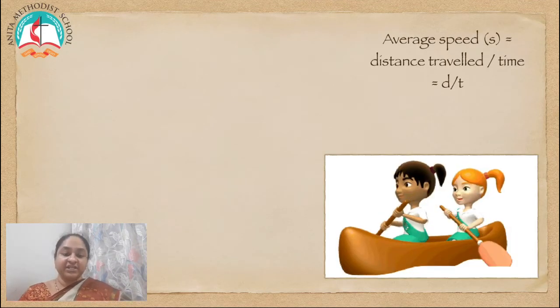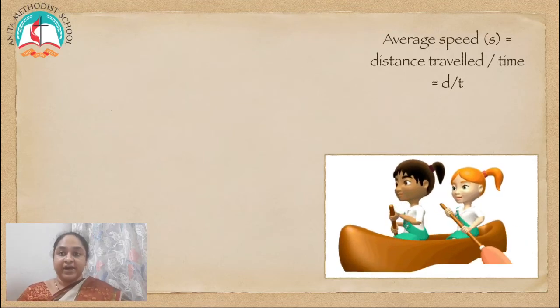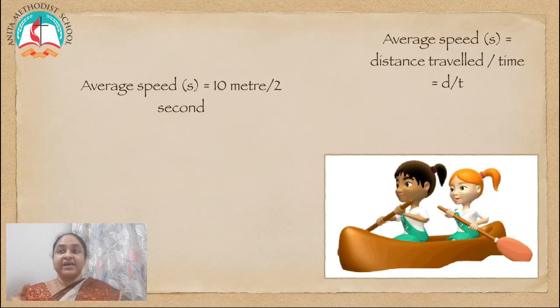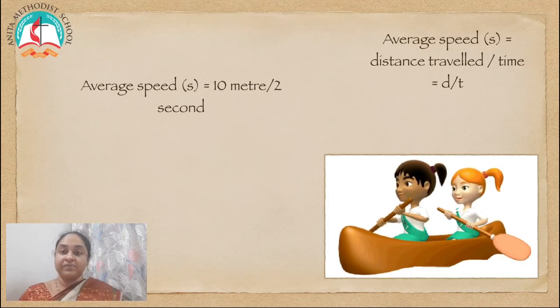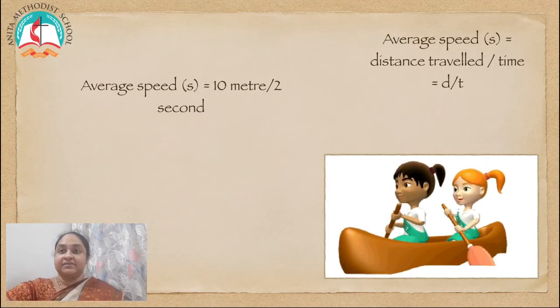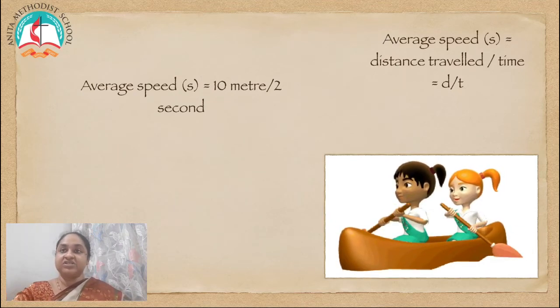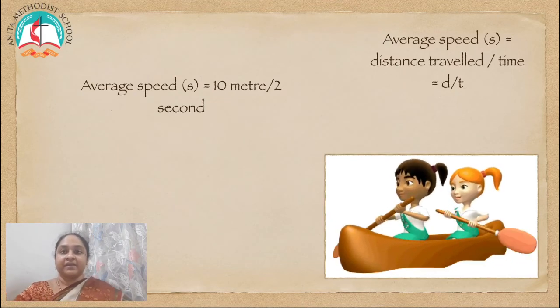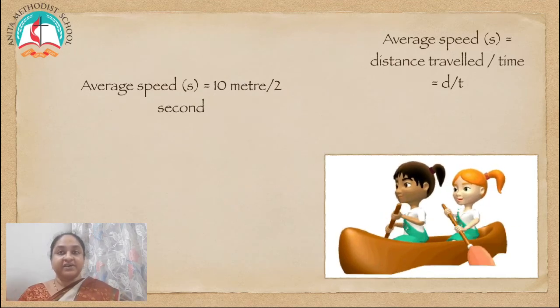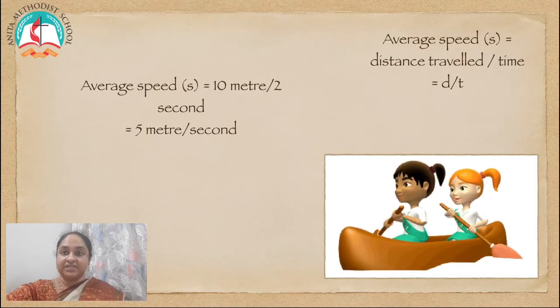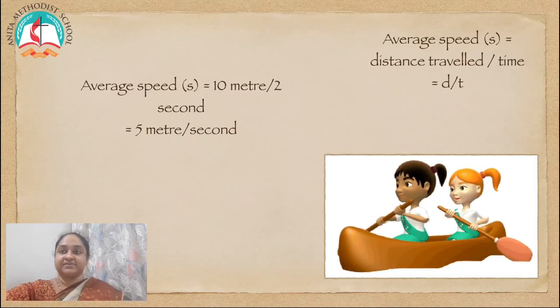Then look at this picture. Just imagine that a vehicle or a boat travels 10 meters in 2 seconds. So how will we denote that? 10 meters in 2 seconds, then its average speed is 10 meters divided by 2 seconds, which is equal to 5 meters per second.